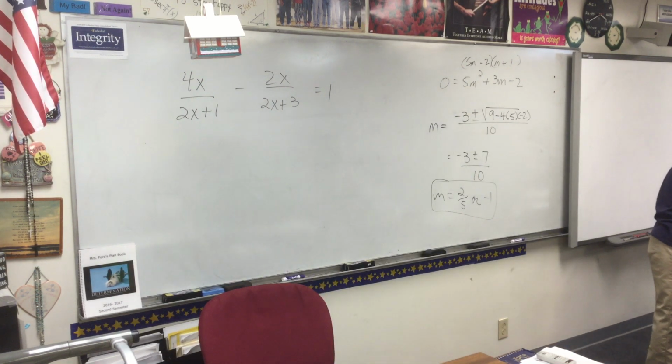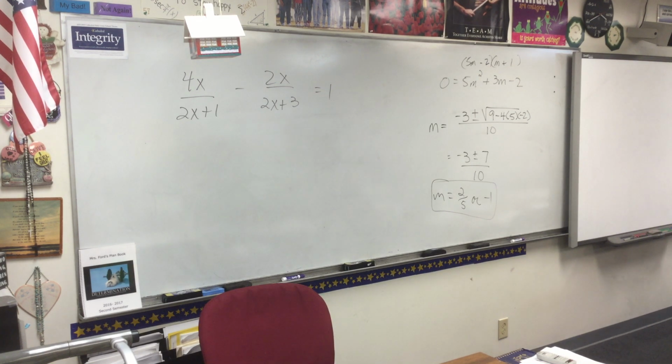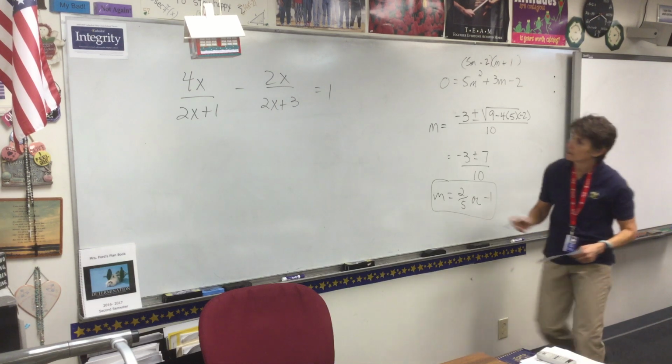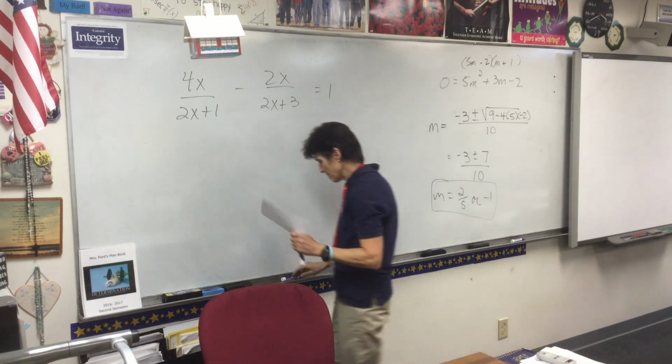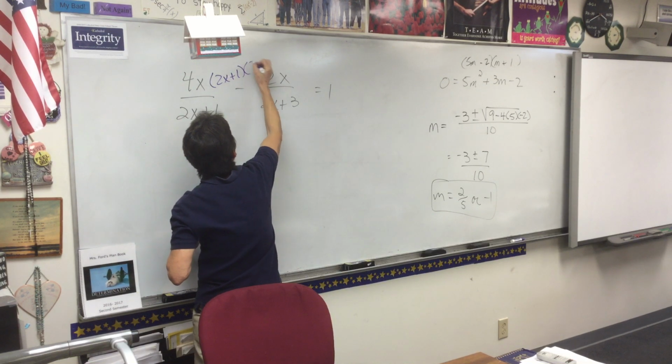Step 1. All right, so what are we going to multiply by this time? 2x plus 1 and 2x plus 2.